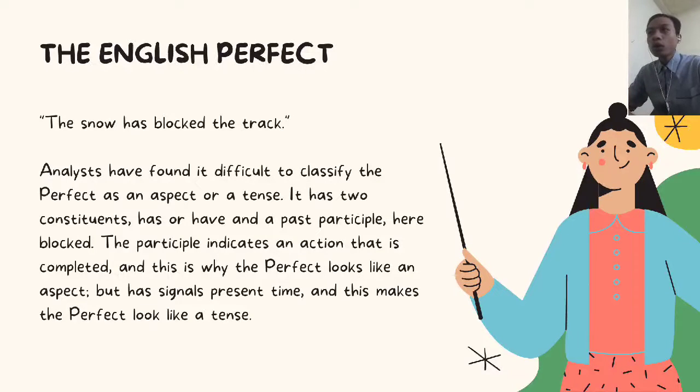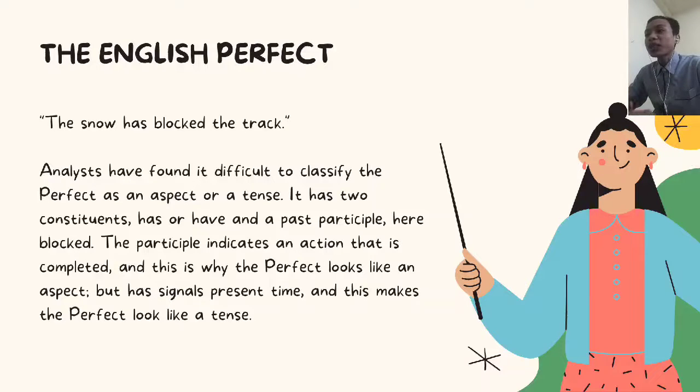The snow has blocked the track. Okay, analysts have found it difficult to classify the perfect as an aspect or a tense. It has two constituents, has or have and a past participle. Here it is blocked.